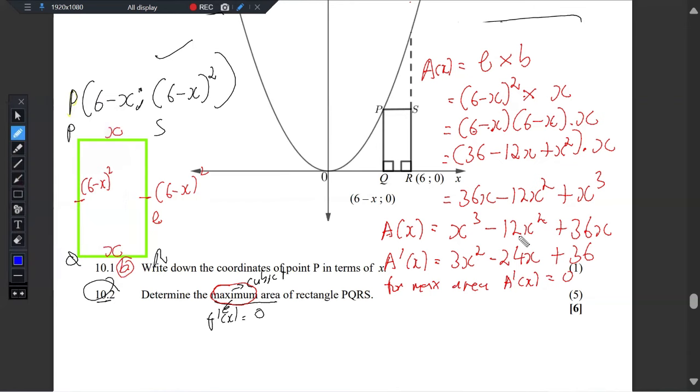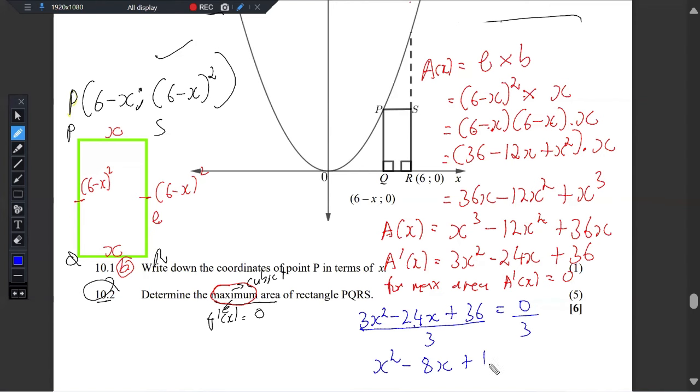So at this point, I take the equation of the derivative, and then I simply equate it to 0. Now, I can see that all these numbers in here, 3, 24, and 36, are divisible by 3. So let me divide both sides by 3. This will leave me with x squared, and then minus, what is 24 divided by 3? It has to be 8, so minus 8x. And then what is 36 divided by 3?